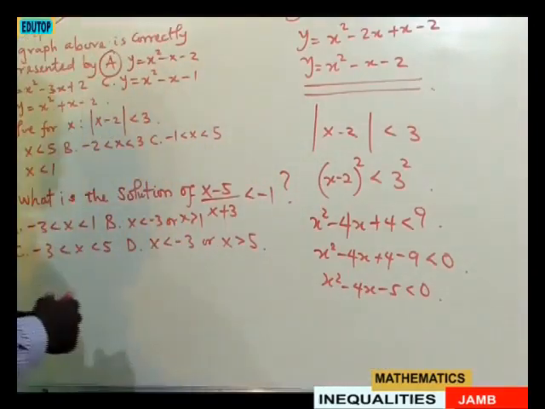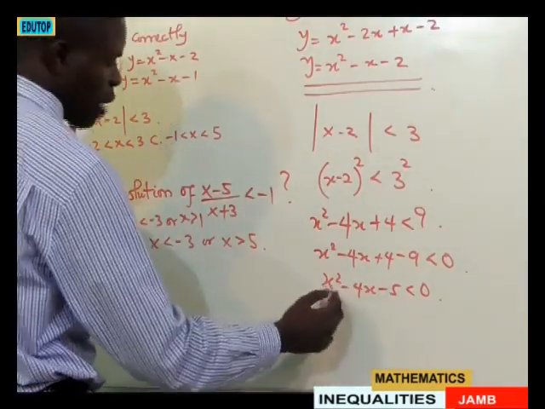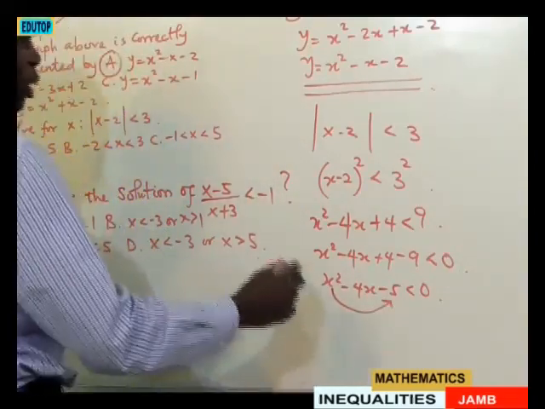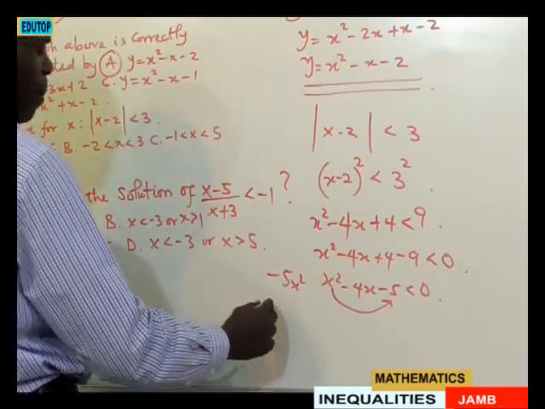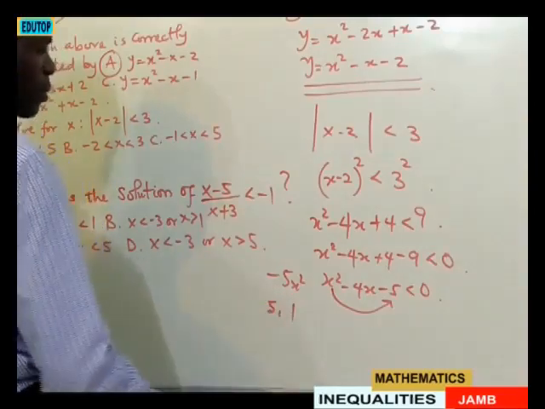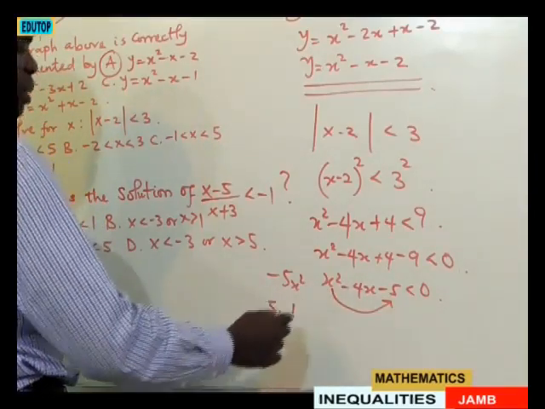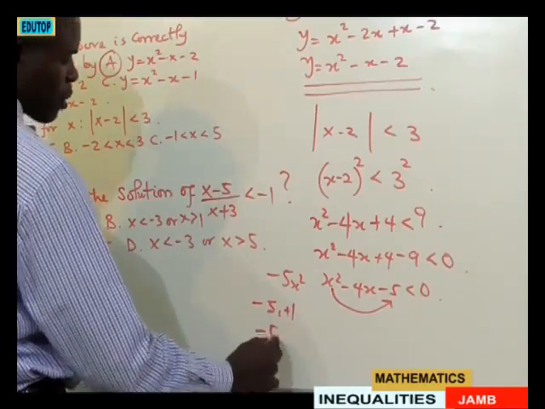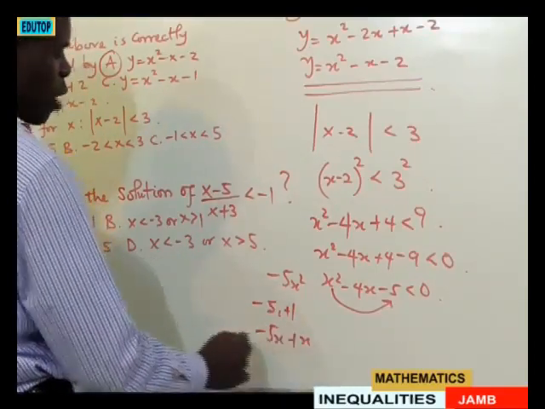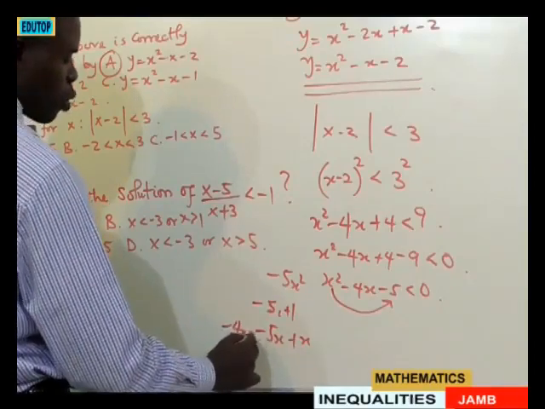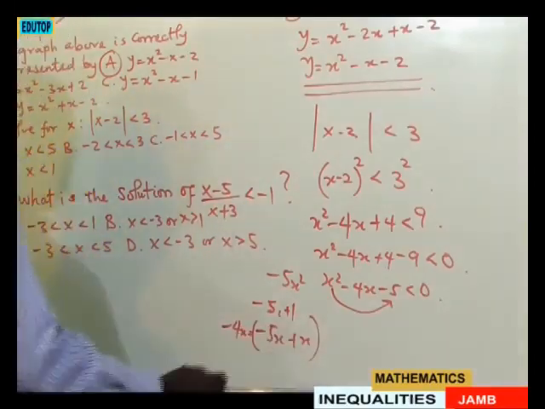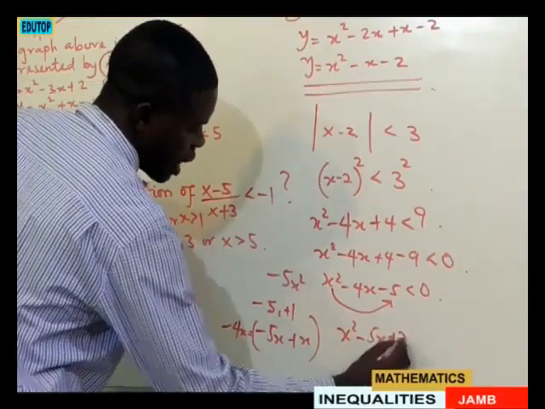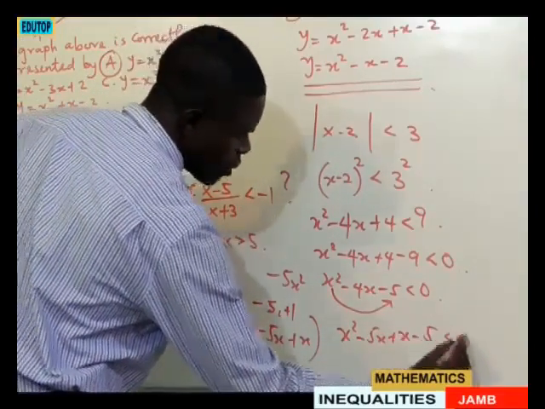If you want to factorize this now, what are our options? We have this multiplied by this, that gives us minus 5x squared. So we have 5 and 1. The one that will give us the one in the middle will be minus 5 plus 1. That's minus 5x plus x. So anywhere we see minus 4x, we are going to replace with minus 5x plus x. So that will be x squared minus 5x plus x minus 5 less than 0.